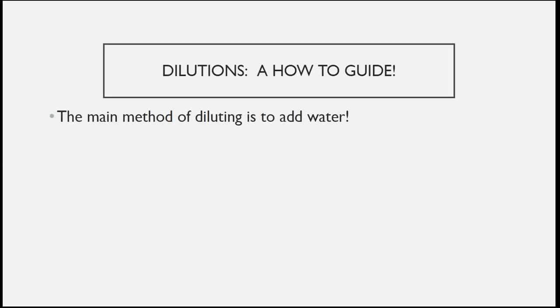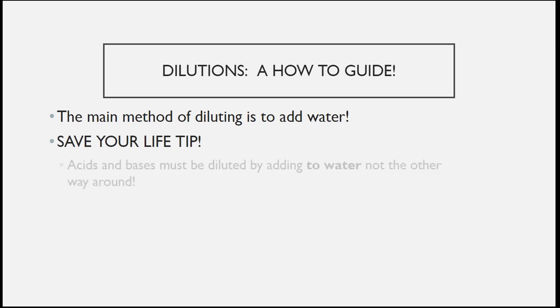All right, so here is our how-to guide. The main method of diluting is to add water. Safety tip: this is something you want to keep in mind as we make solutions. Acids and bases must be diluted by adding them to water rather than the other way around. Why do we do this? Water has a pretty high heat capacity, meaning that it can absorb the heat when the acid is added.